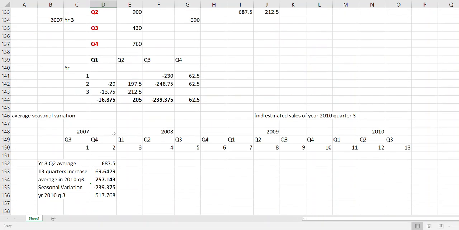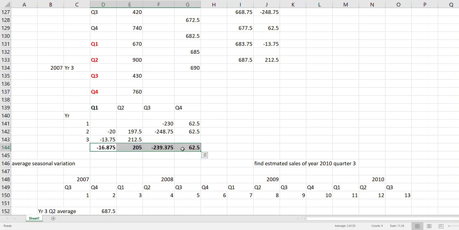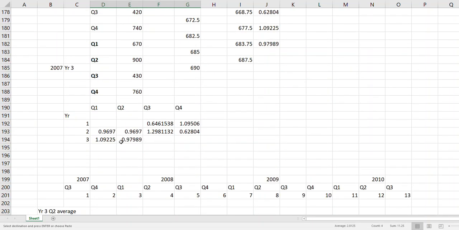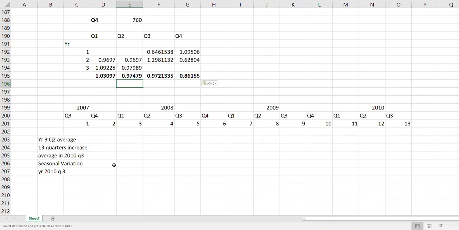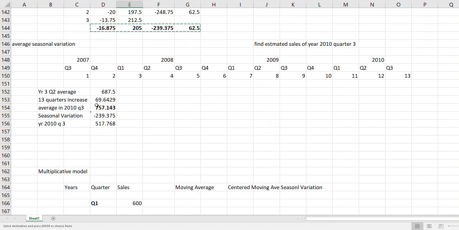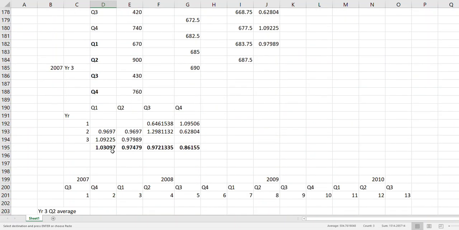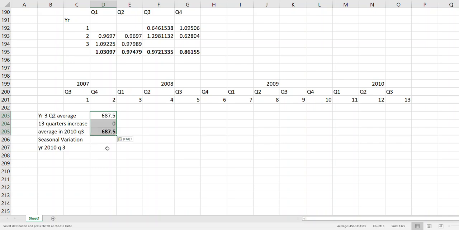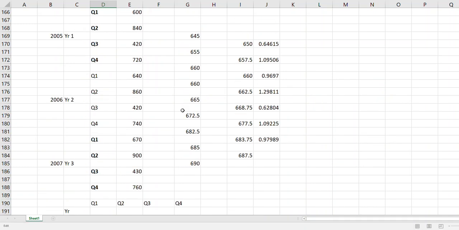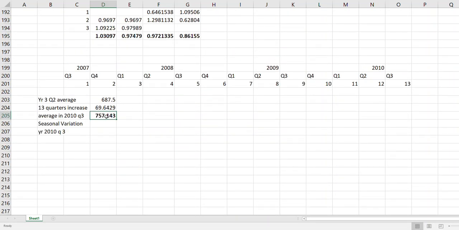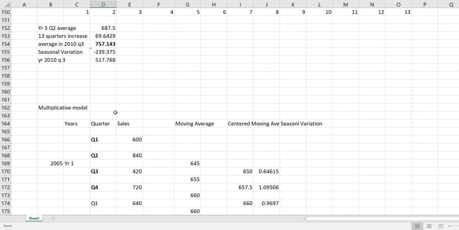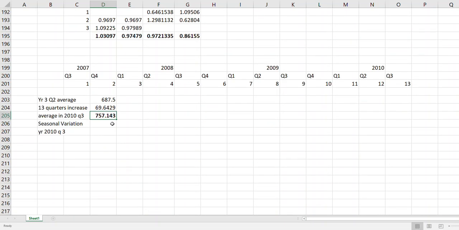In fact, I can just copy this because we have the exact same pair of data. So if we want to predict the exact same data, then this figure up to this point, we do exactly the same thing. Let's multiply this by the trend. So up to this point, using multiplicative model or additive model, you will have the same result.